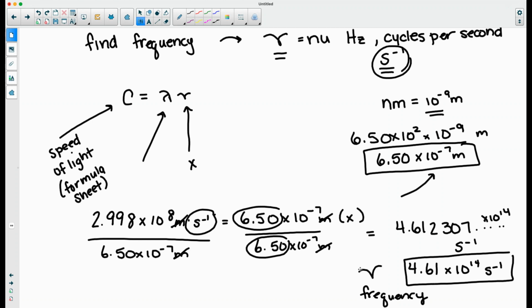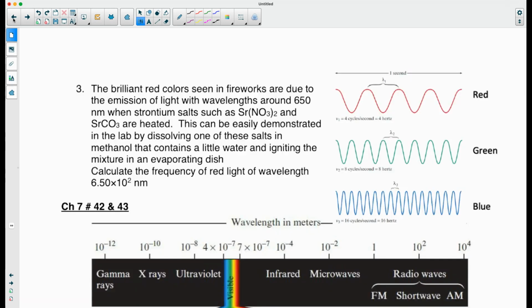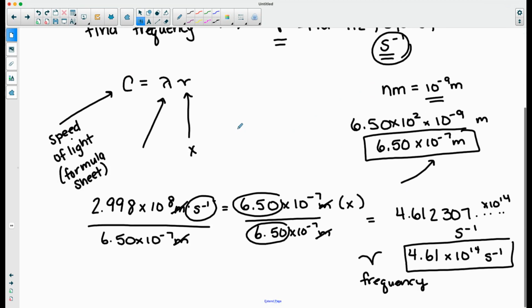in this question. Now, if we also wanted to find out the energy associated with this, so we're going to pretend that it says calculate the frequency and energy per photon for this light, we would now be able to take this frequency and plug it into E equals h nu, because this E means the energy per photon of that color of light.